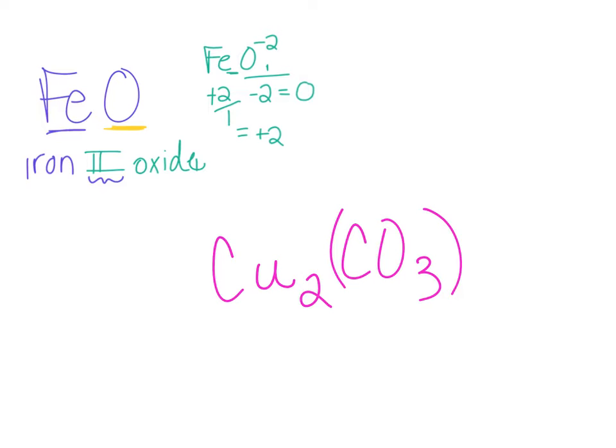Ionic has a metal, so we're going to start by just writing out the name of our metal. Okay. Then we're going to realize that copper is where? He's a transition metal in the middle, right? So we have to look at our second thing listed, which is our anion. So we have carbonate, right?